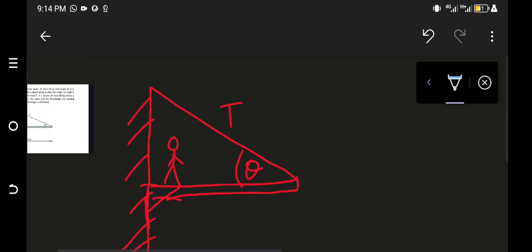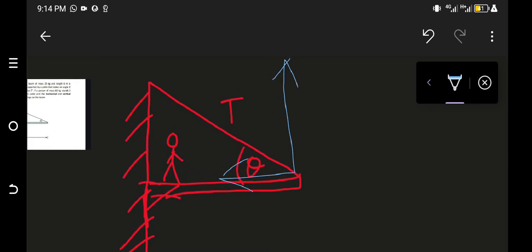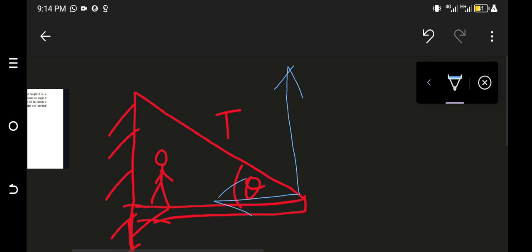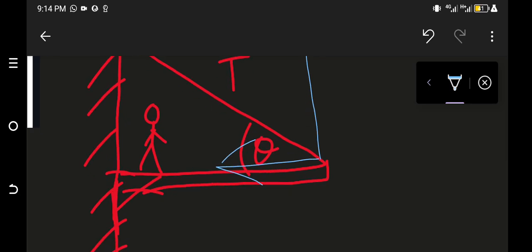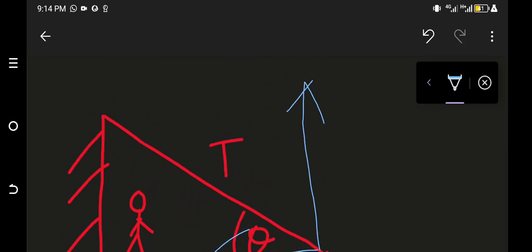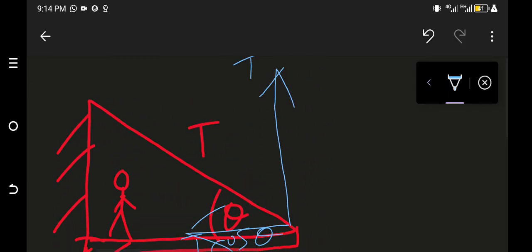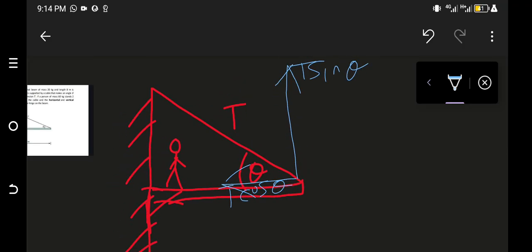To resolve it, you just draw one vertical line going up and one horizontal line. So how do you know which one is sin theta and which is cos theta? The one closest to the angle carries the cos theta. The one furthest away from the angle carries the T sin theta. Let me write it: T sin theta. Okay, so we have resolved the tension into its x and y components.